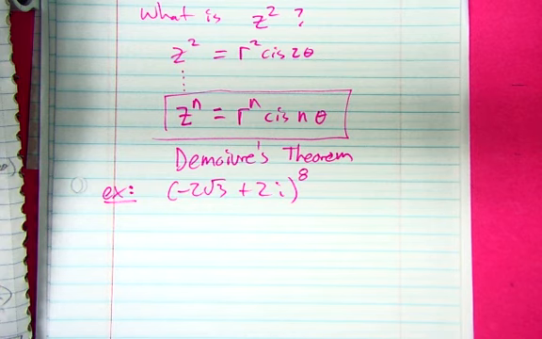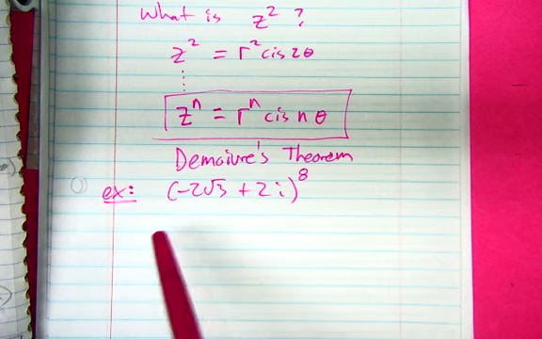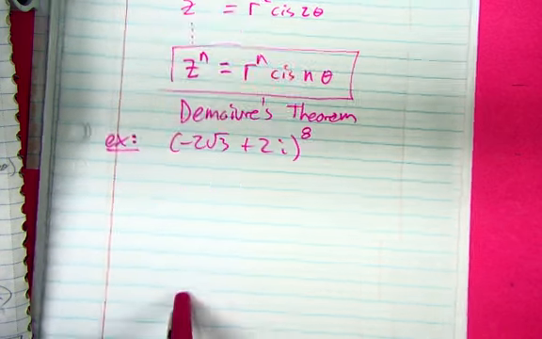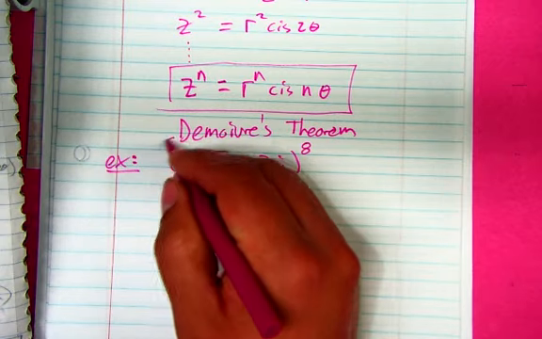I just want to tie everything together here. One option would be to FOIL this out the long way. Another option would be to use Pascal's triangle, where you figure out all the coefficients. You could do the binomial theorem, or we can use De Moivre's theorem.